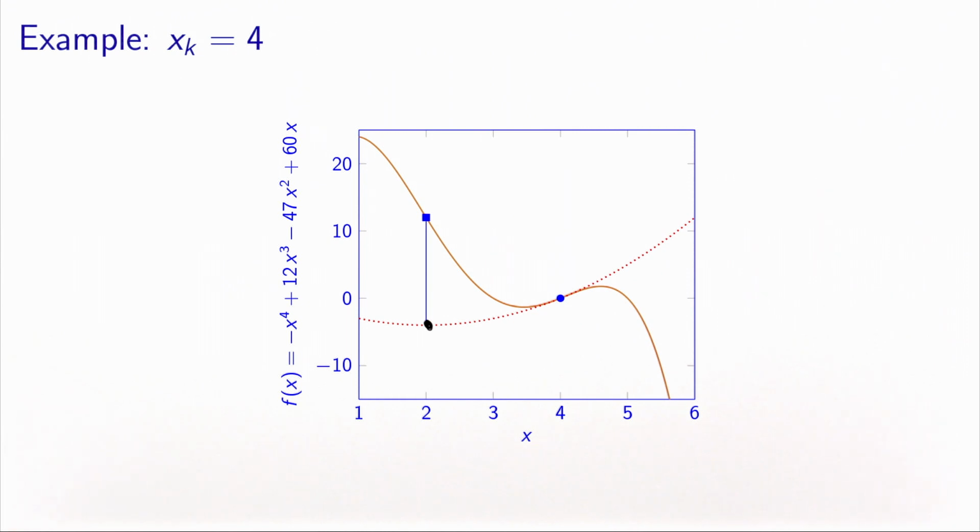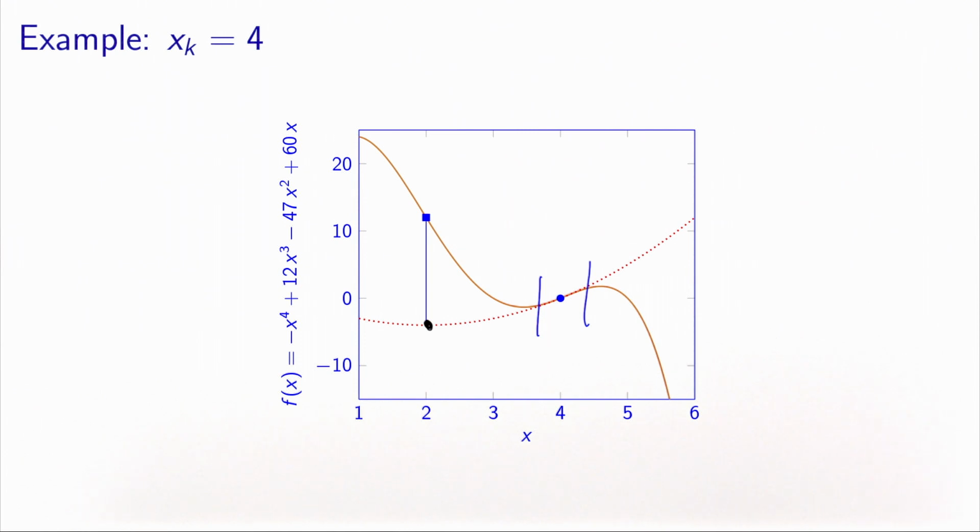And intuitively, we can understand why, because the quadratic model that we have calculated happens to be quite good around the iterate xk equals 4. And this is actually guaranteed by Taylor's theorem, that it is a good approximation in a neighborhood of the point where it's calculated.